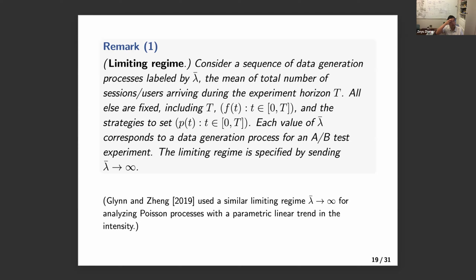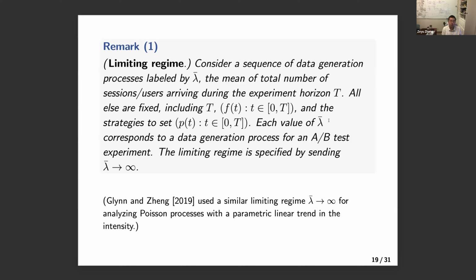We can think about that in terms of the arrival process, that given the time horizon, given the normalized arrival rate, we send the intensity, the aggregated intensity of customers that arrive in that time horizon, to infinity. And of course, each value of this lambda bar corresponds to an entire data generation process for the A/B test experiments.